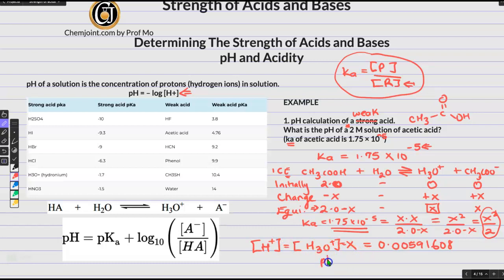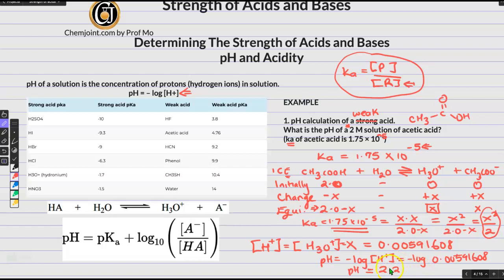So the pH, which is equal to negative log concentration of H3O plus or H plus, will be negative log of this number. You'll find that the pH of a 2 molar solution of a weak acid, acetic acid, will be roughly 2.2.